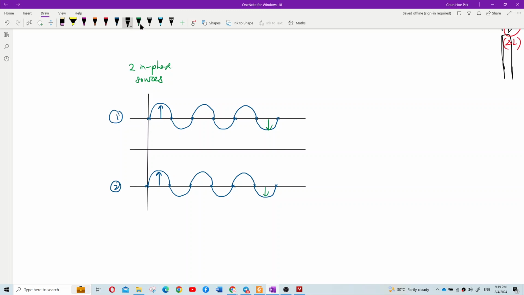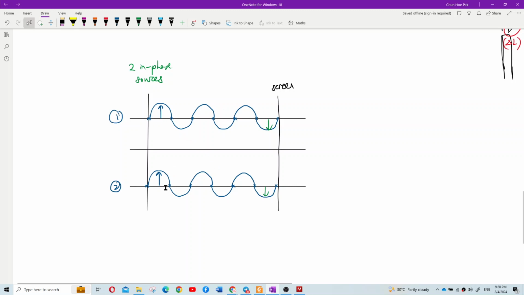Maybe at this side, you have the screen already, yeah? I make it like this, in the screen. So, two in phase sources and in the end, there is constructive interference, isn't it? I want to ask you, is there any difference in their path length in wave number 1 and wave number 2?